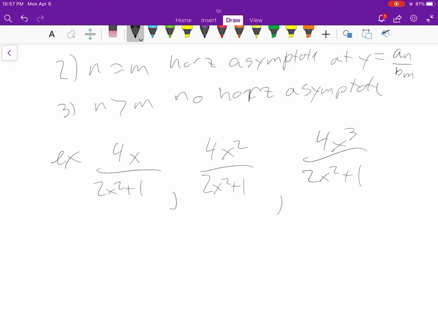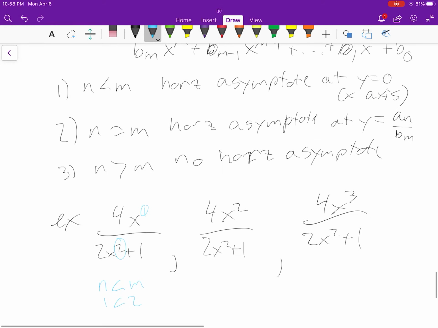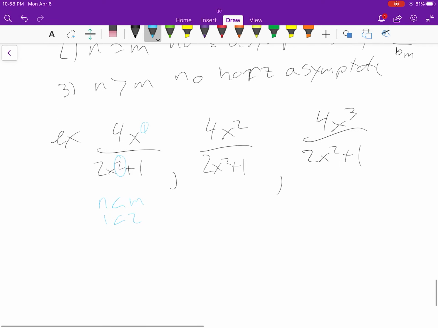The denominator's power is greater than the numerator's. Notice this is a 2 and this is an understood 1. So here n is less than m, because 1 is less than 2. If we look at our rules, n is less than m, we have a horizontal asymptote at the x-axis.